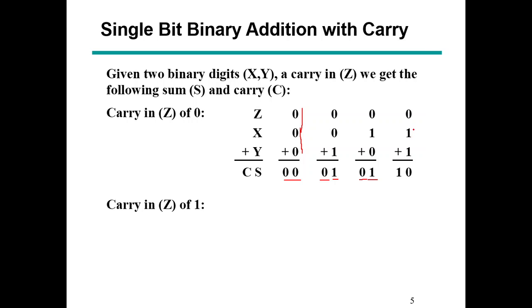Now if you add 1 and 1, you get 2. The sum is 2 in decimal, and in binary we can represent this sum as 1 0. So here 0 would be taken as the sum and 1 would be the carry out to the next position. So this is how we write.